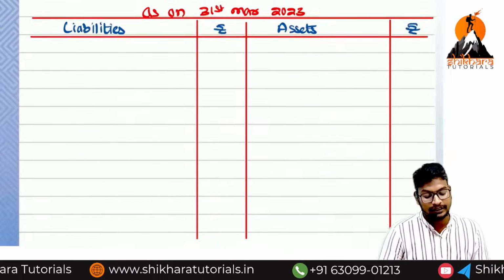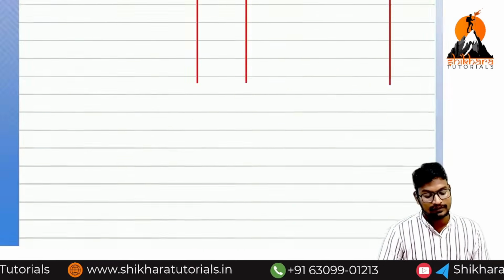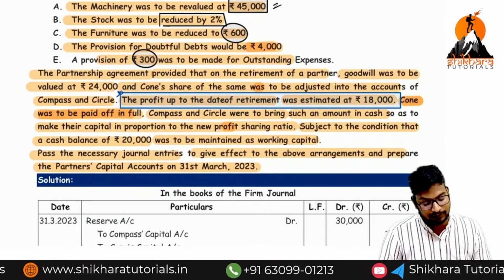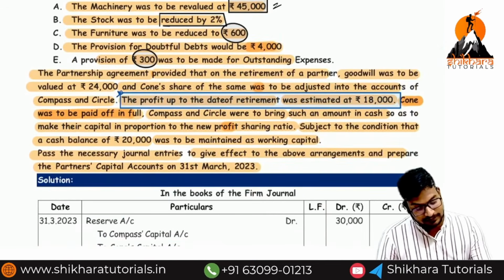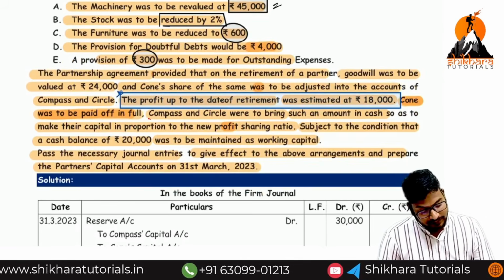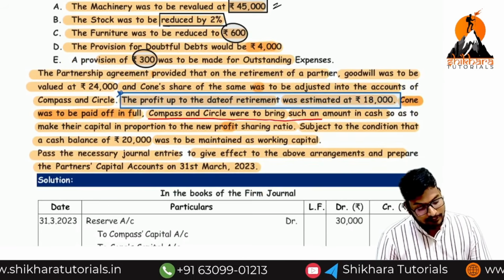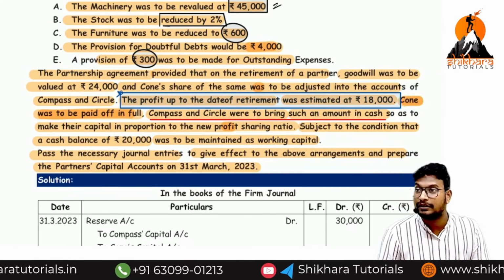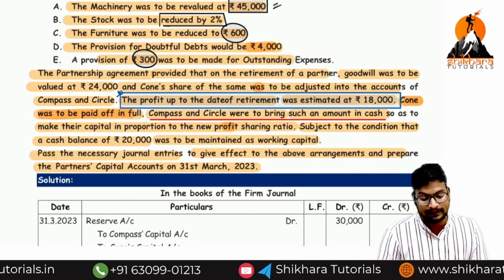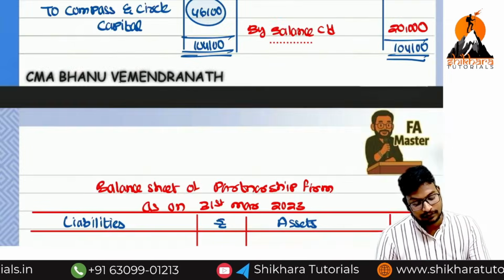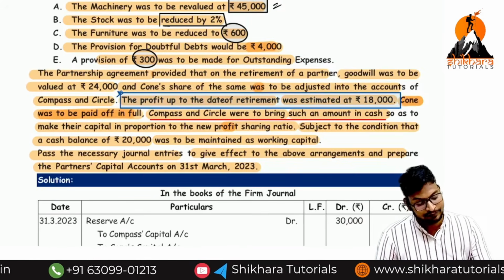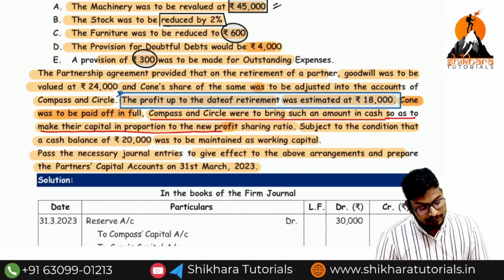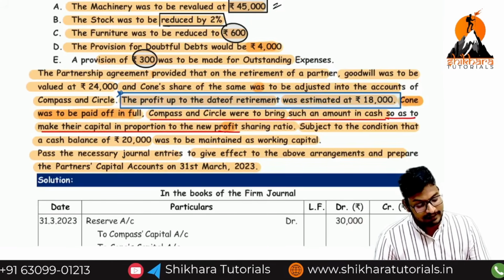How much amount do they need to bring, sir? At the time of discussion of the question I told you the special point: the compass and circle were to bring such an amount in cash. We have calculated how much: 46,100. They have to make the capitals in the proportion of the new profit sharing ratio.